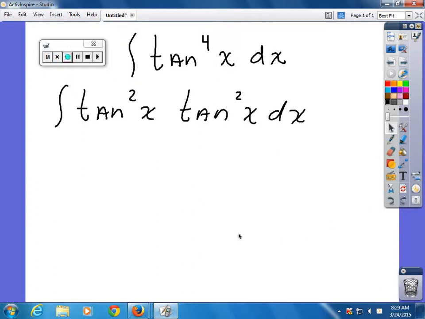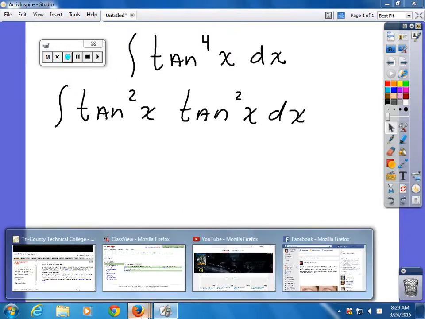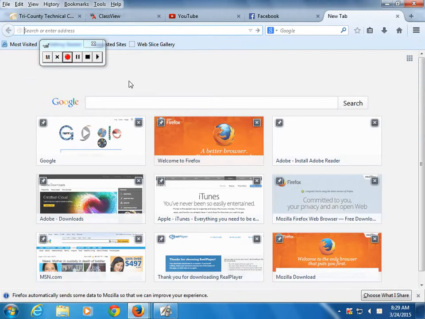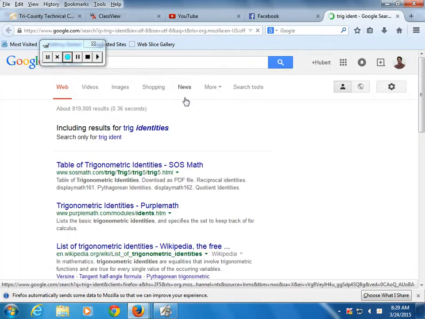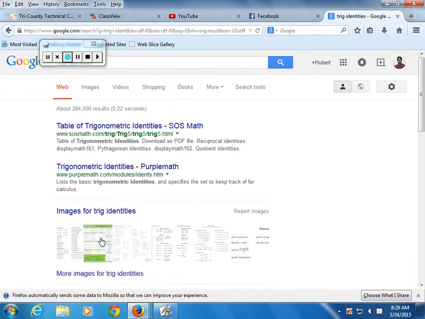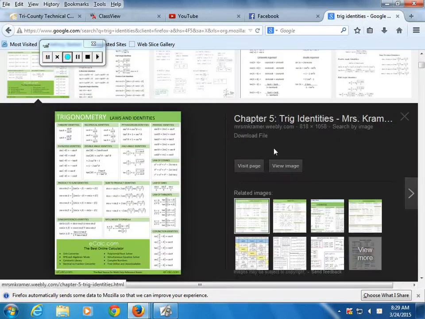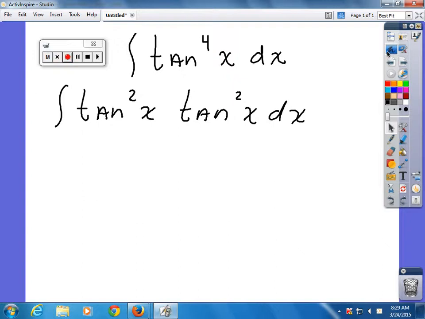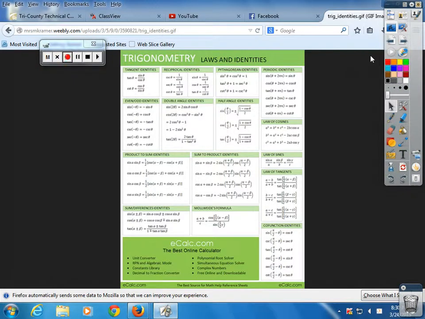Now, using Pythagorean identities, you know that the tangent squared of x is equal to secant squared minus 1. And you know that because of the Pythagorean identities, right here.